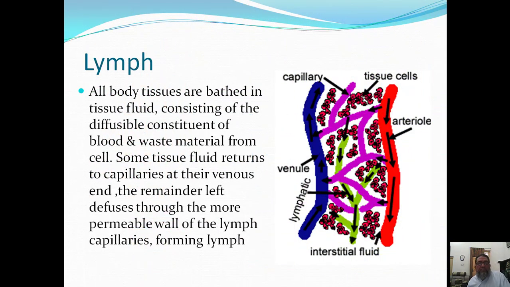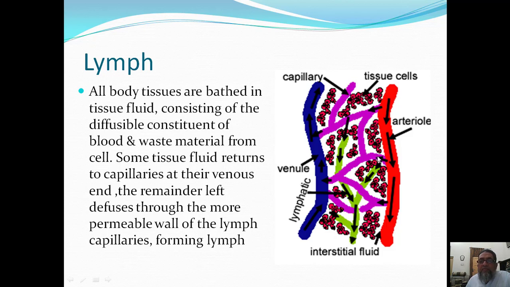Now what is the lymph? Now this diagram will tell you that all body tissues are bathed in the tissue fluid, because when the blood circulates within the blood vessel, especially when it reaches the last terminal division of the arterial system, that is the arteriole, the blood circulates then into the capillary.